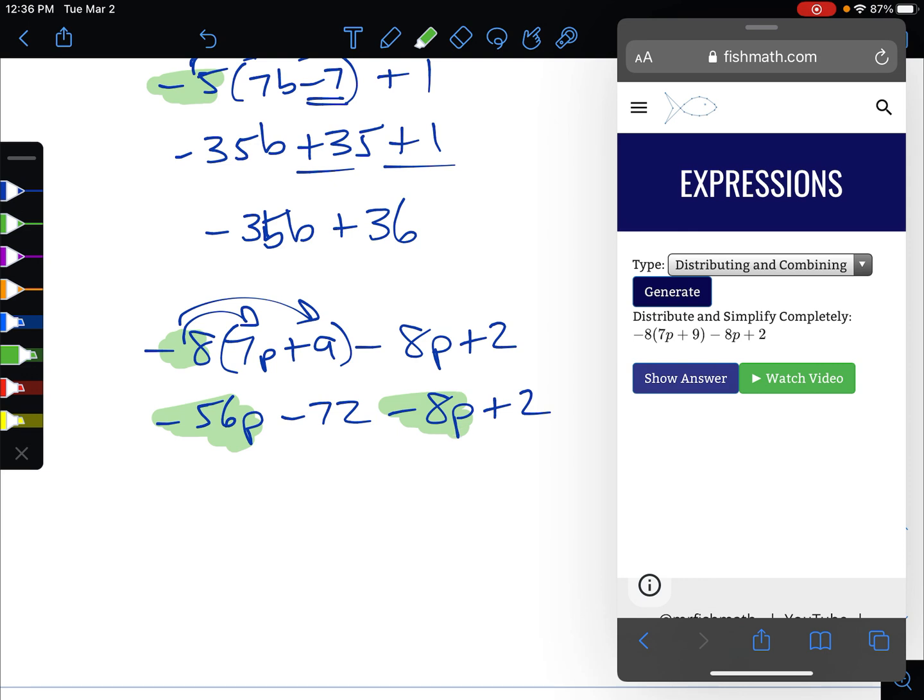Put our like terms together here. Those go together, those go together. So that gives you, what is this, negative 4, oh, nope. Negative 64p, and then minus 70. Putting our p variables together and our constant variables together. That's how we do combining like terms, distributing, and problems that involve distributing and combining in the same problem.